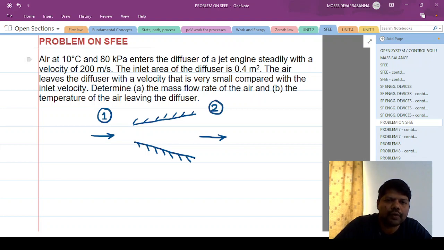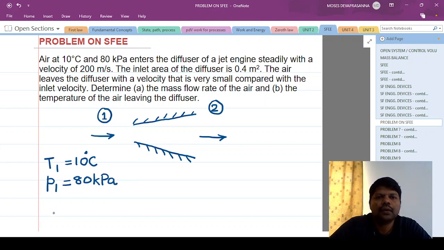According to the problem, the temperature at the inlet is given as 10 degrees, T1 is equal to 10 degrees Celsius, and the pressure of the air at the inlet is given as P1 equal to 80 kilopascal, right?